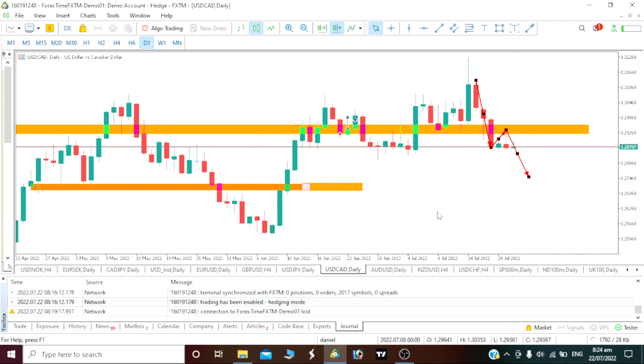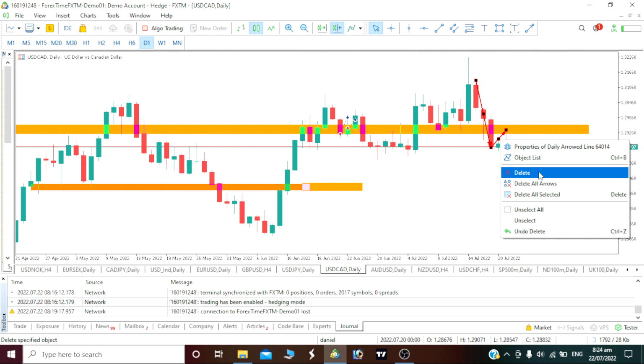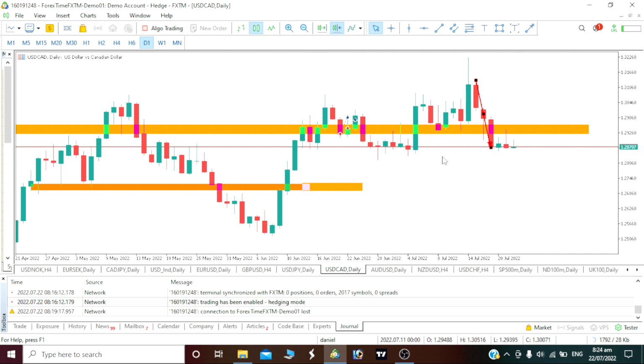We possibly might not hit it today, but by next week we should be able to hit it. Day before yesterday we had a little move, yesterday we had a little move, and today, Friday, we're probably going to have little movement.